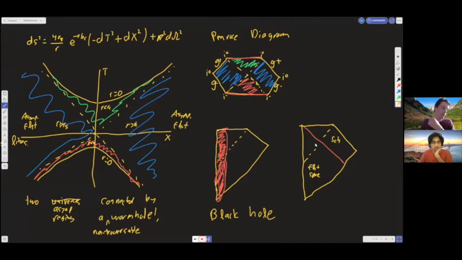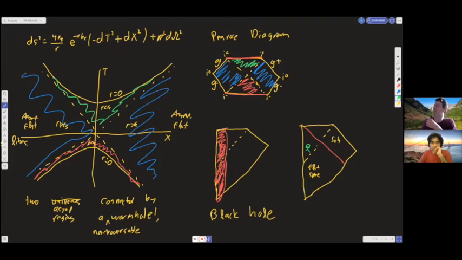So this comes down to what the definition of the horizon is. The definition of the horizon is that it's the boundary of the set of points which can send signals to null infinity, let's say. Okay. So say you're living down here. You're just living in flat space as far as you know.